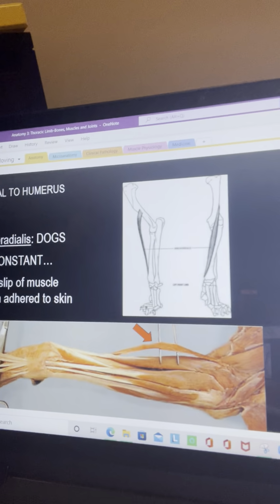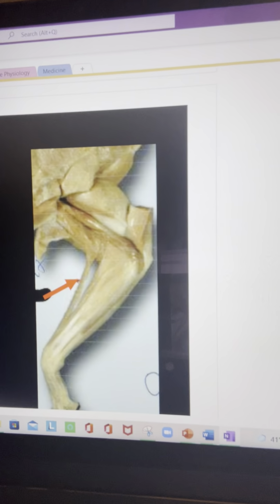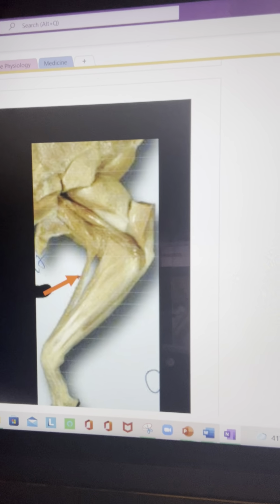So it's paper-like, but it looks like that. However, in cats, the brachioradialis is robust and constant, so it's actually really big in cats, and it's always there. Sometimes in dogs it's not.